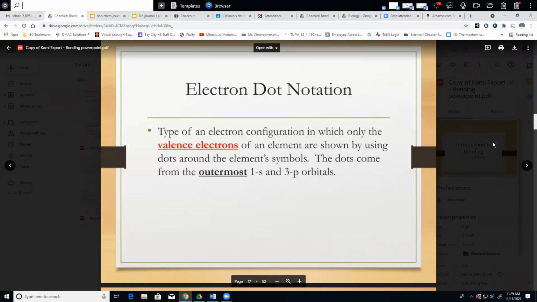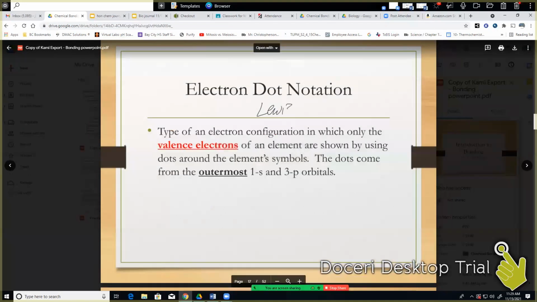So we're going to be doing electron dot notation. It's also called Lewis dot notation, and we're going to be putting those together for elements to show how compounds are represented. So it's a type of representation where only the valence electrons are used. And it uses a symbol, and then the electrons are represented by dots around the symbol. You can take off that 1 and that 3. The dots come from the outermost S and P orbitals.